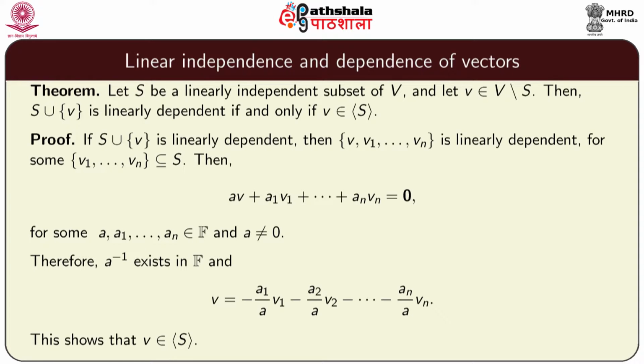Let us now prove the converse of this statement, that is, if we know that v belongs to the span of S, then S union singleton v is linearly dependent.